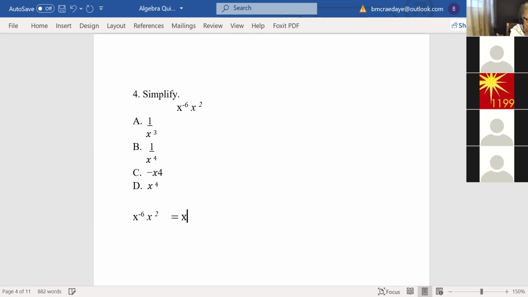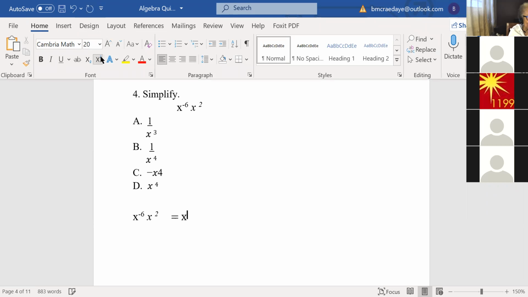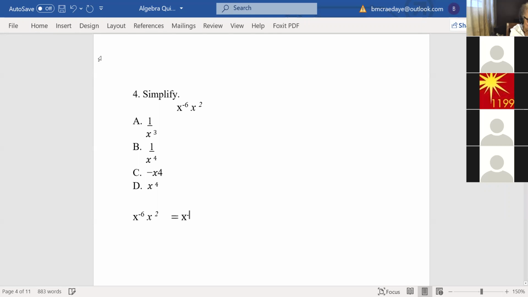X to the what? What's the sign? -4. Remember, with a -6 and a +2, you subtract, and the sign is that of the bigger number, which is the 6.